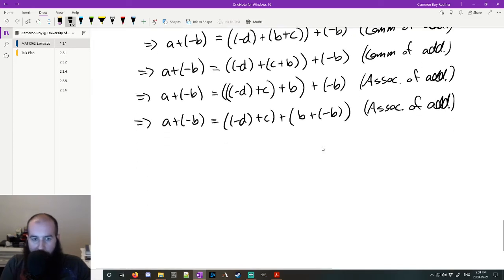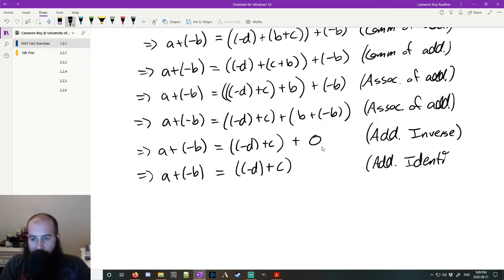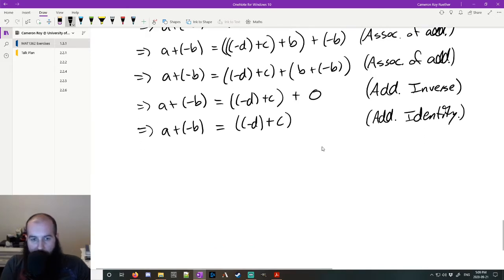Now b plus negative b is 0. By additive inverse. And anything plus 0 is that original thing by additive identity. Now we're almost where we want.